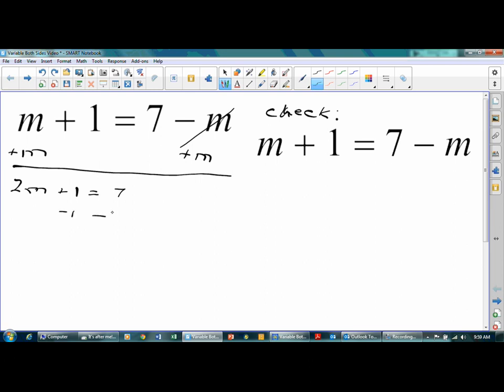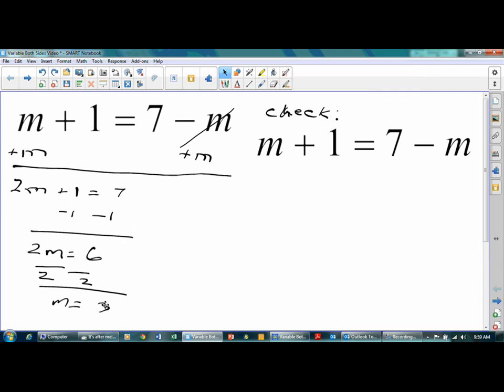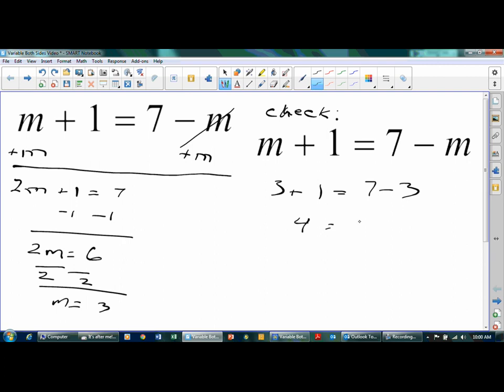Subtract 1. 2m is 6. Divide by 2. m is 3. So that's 3 plus 1 equals 7 minus 3. Well, 3 plus 1 is 4. 7 minus 3 is 4. So it works. And so that's our answer.